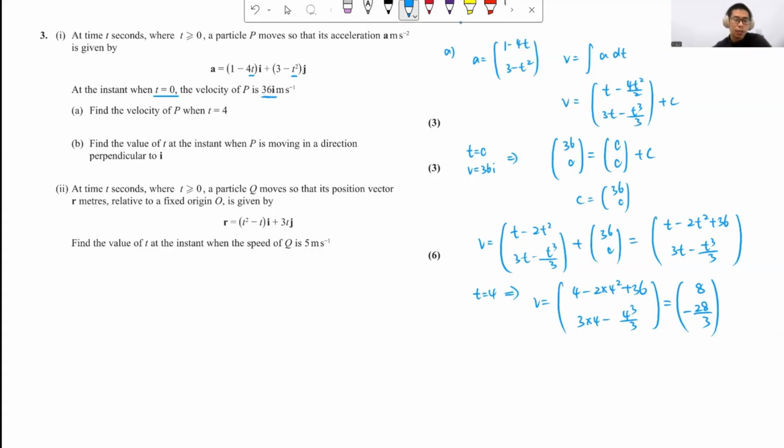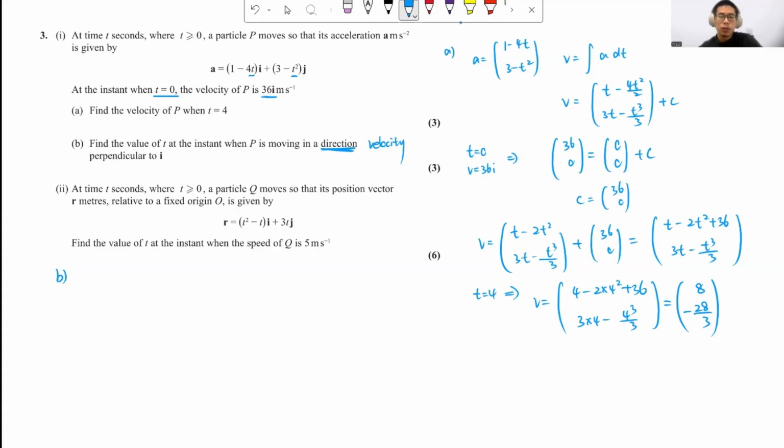And then let's have a look at part B. It says, find the value of t at the instant when P is moving in a direction perpendicular to i. As long as they're talking about the direction of the motion, we should use velocity.